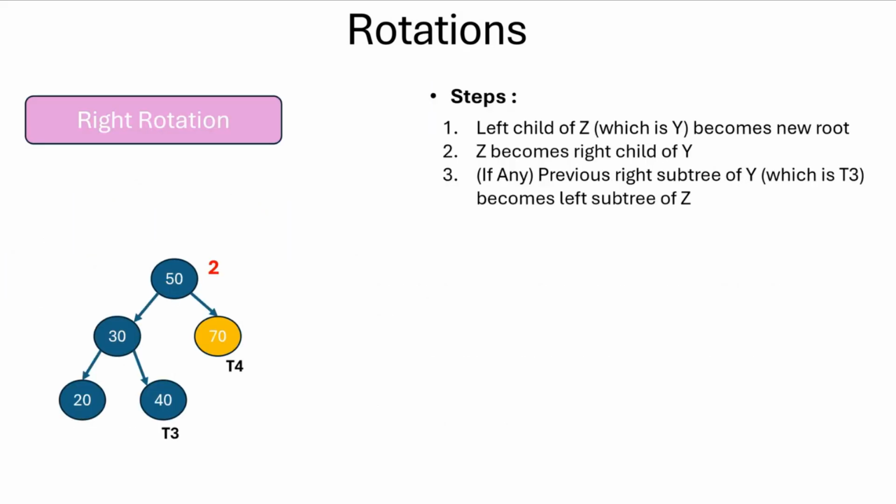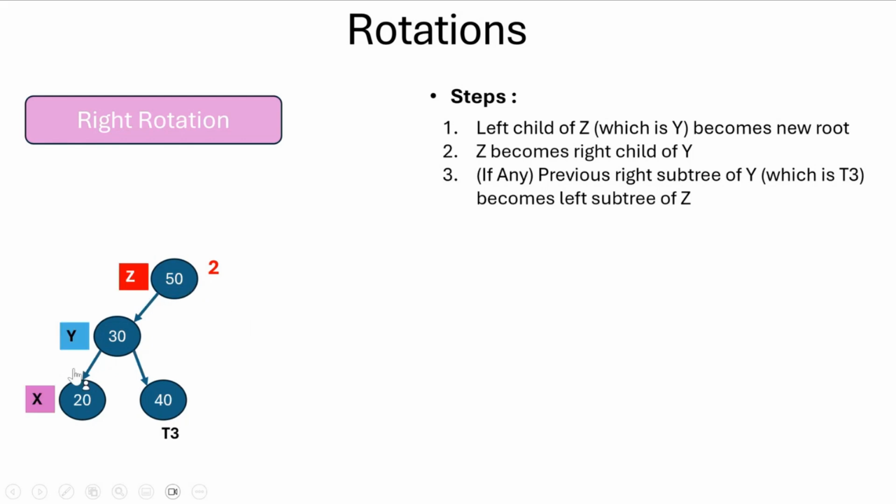To take an example with the delete operation, let's say we delete the node 70 here. In that case, the imbalance will cause this subtree to become unbalanced, because the balance at node 50 will be 2 minus 0, 2. 2 means the balance is greater than 1.